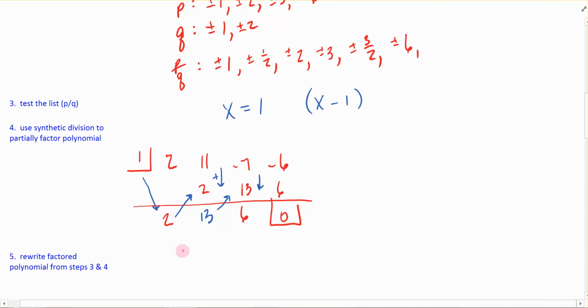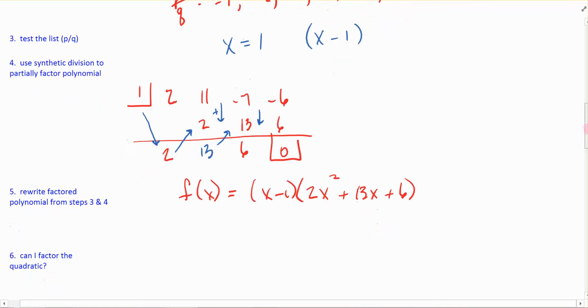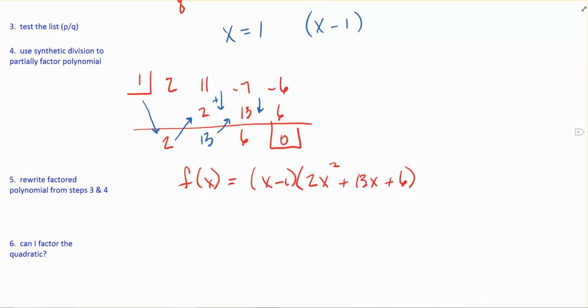So let's rewrite my polynomial so it looks like my original root that we discovered, x minus 1, times this new term right here. So each of these are the coefficients of the term that is 1 less than what we started with. So this is 2x squared plus 13x plus 6. Okay, so 2x squared plus 13x plus 6.